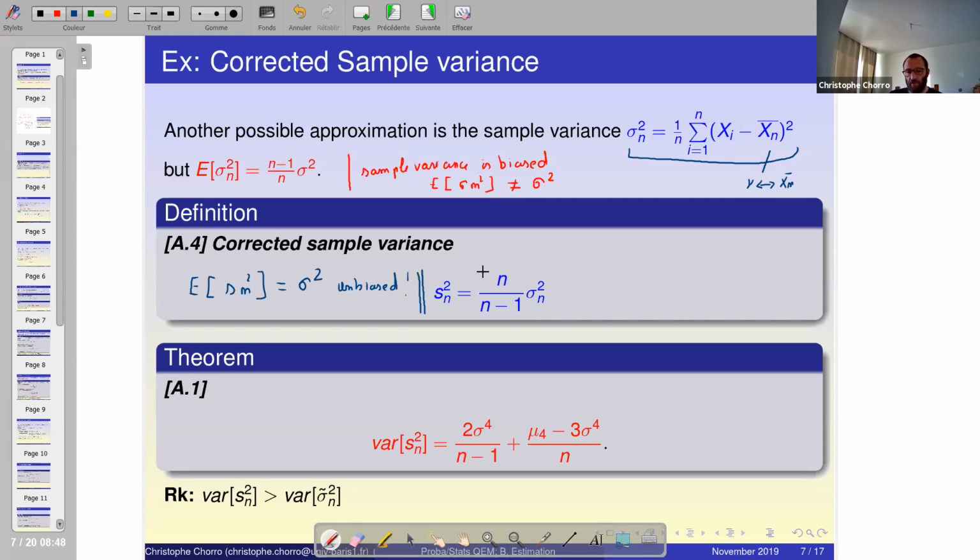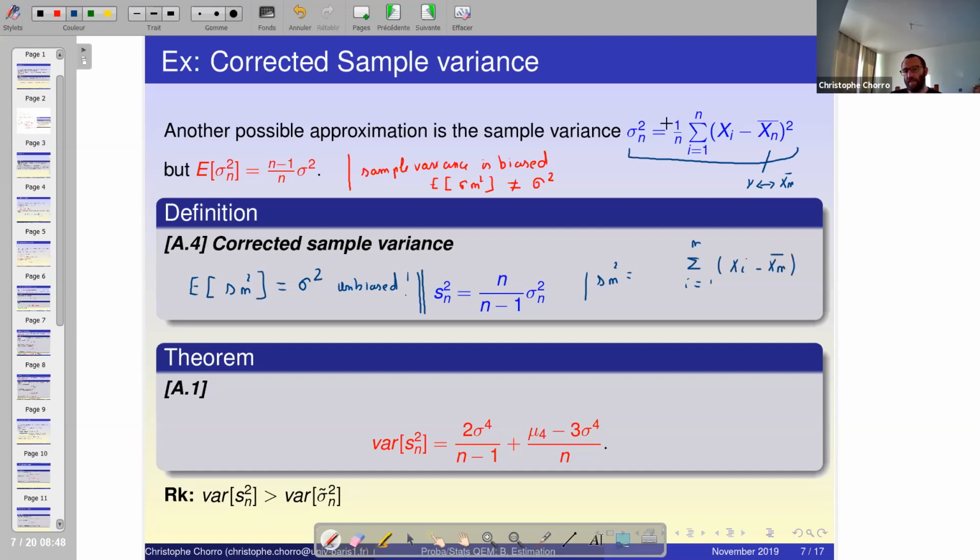And I remind you that if I apply this formula with sigma n squared that is given by this expression here, I obtain simply that Sn square. So it's not very far from this one. It's the sum from i equal to 1 to n of xi minus xn over line square.